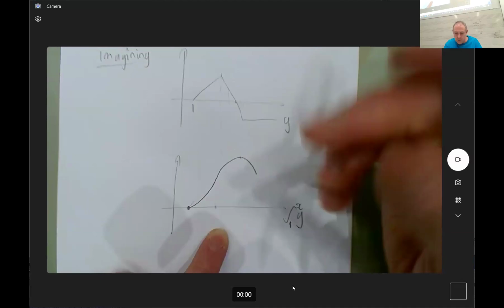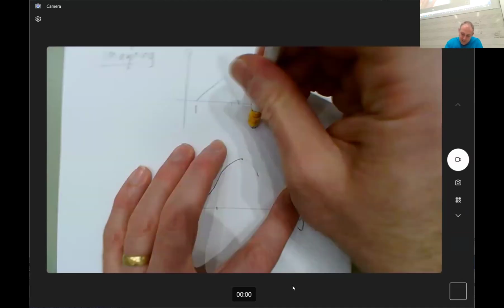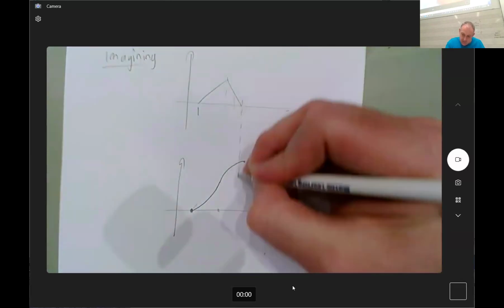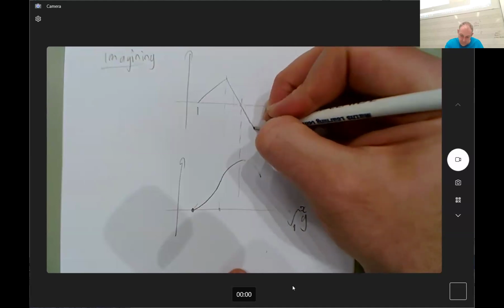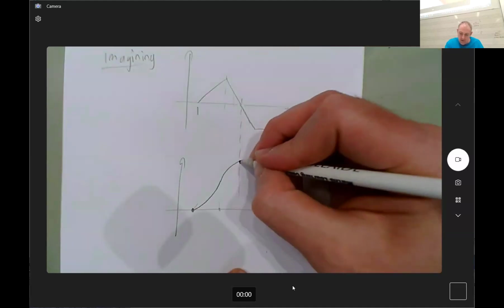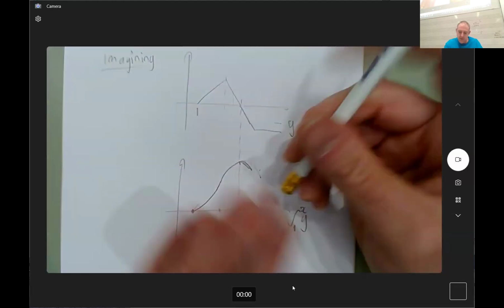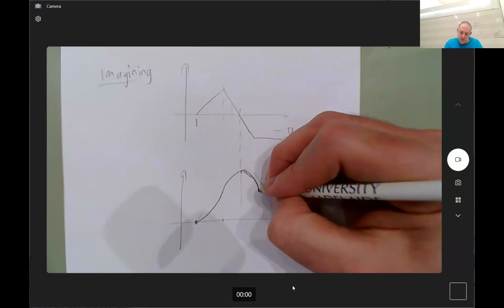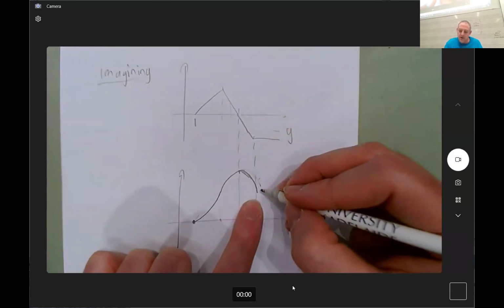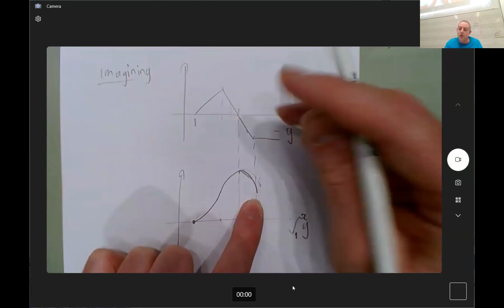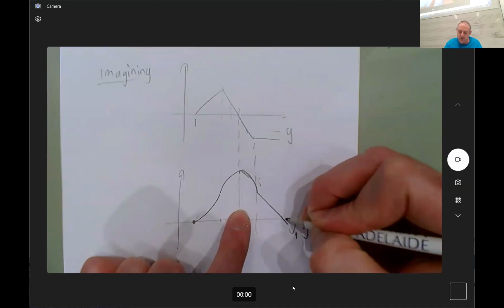I'm just going to extend this outwards a little so that I can draw my graph a bit better. All right, that's better. And then it starts decreasing. And then at this point here, it will continue to decrease because it's more and more negative, but it will decrease at a constant rate.